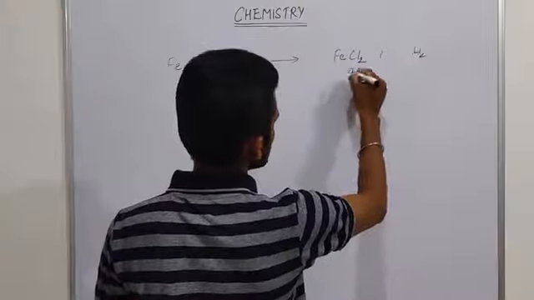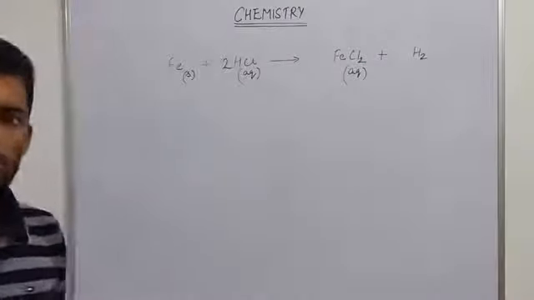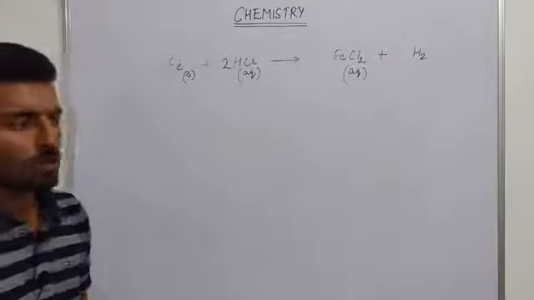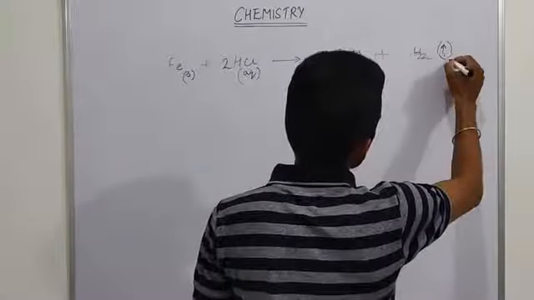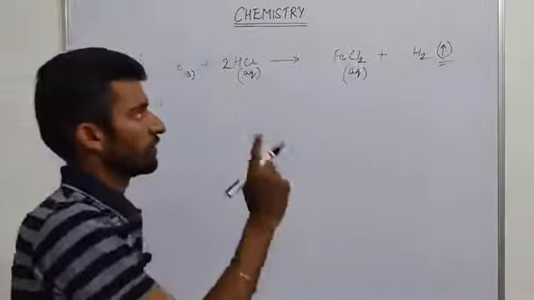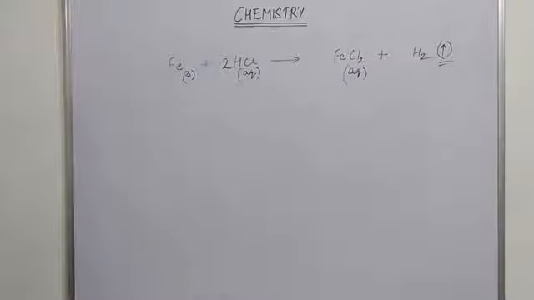FeCl2 also represents aqueous medium. Aqueous medium means the medium which contains water as a solvent, and hydrogen is a gas, that is represented by an arrow pointing upward. So upward means the gas escapes out. It is gaseous in nature. Clear?